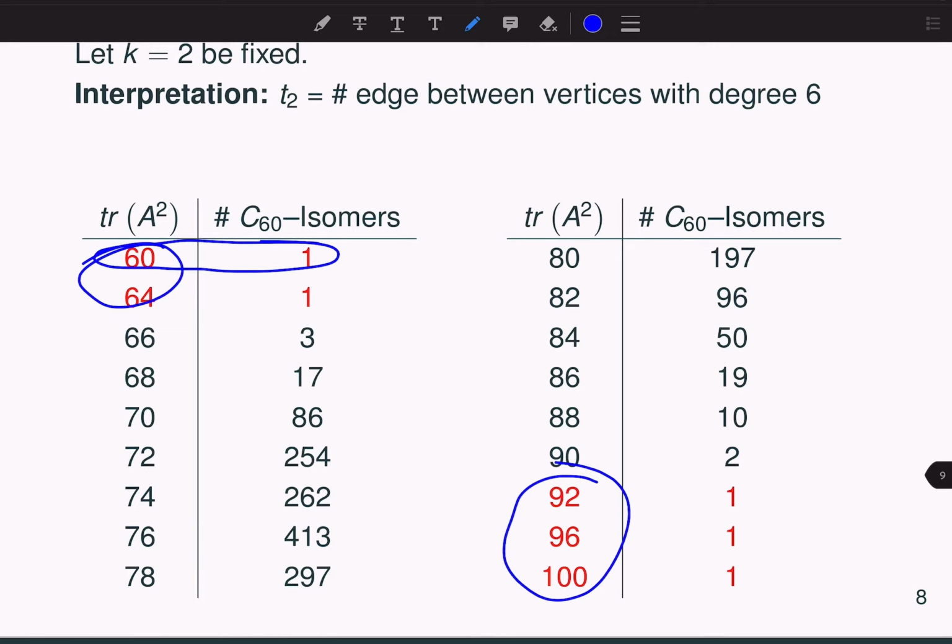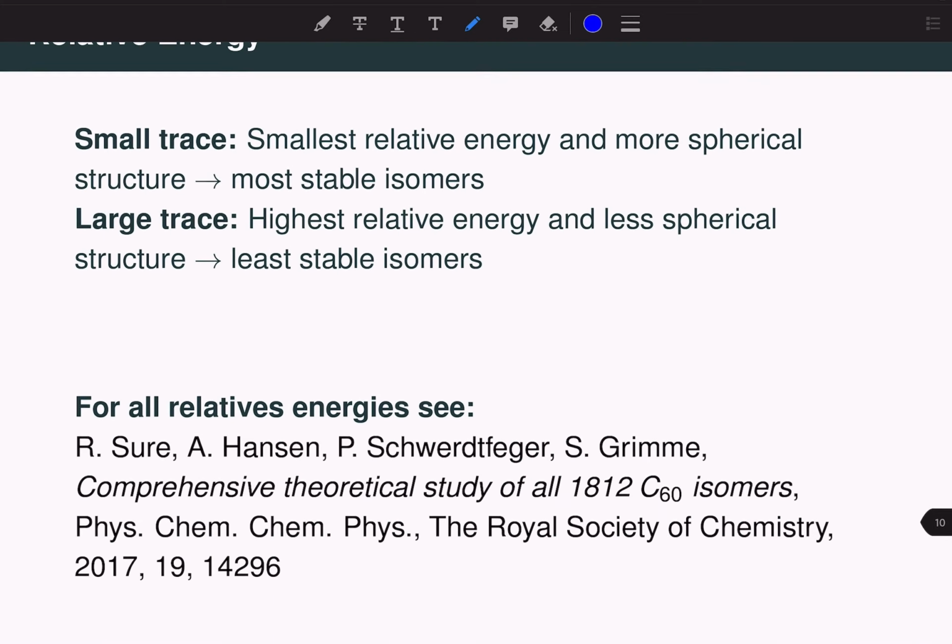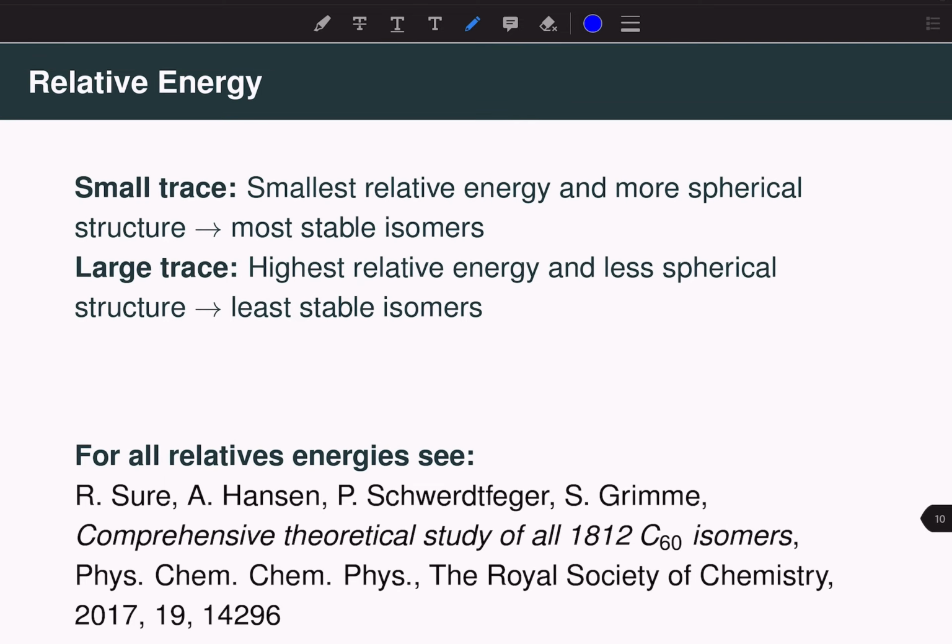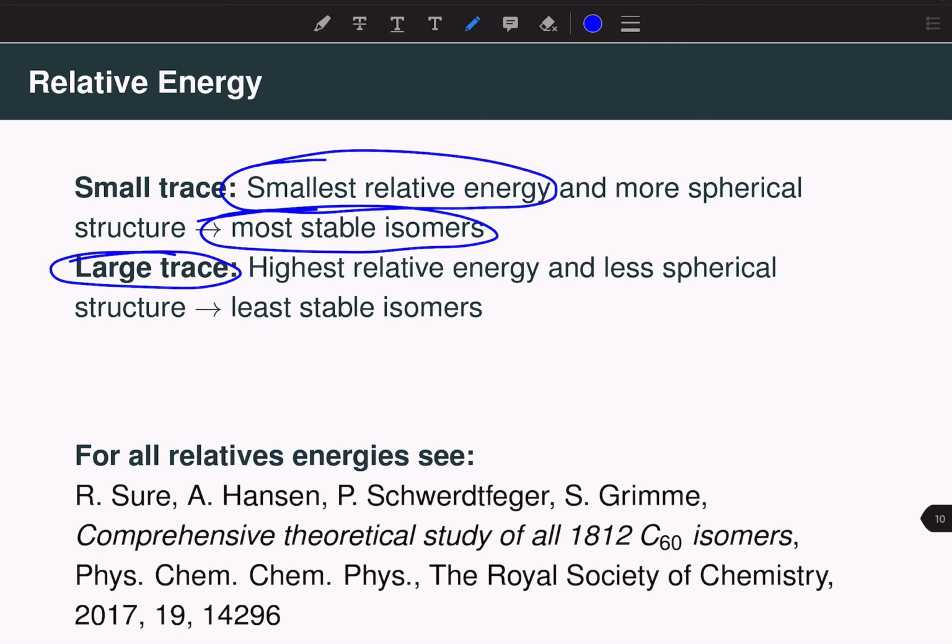And therefore we checked them, why are they so special? And it turned out that the Newton polynomials are highly correlated with the relative energies of fullerenes, meaning that the smaller the Newton polynomial, the smaller the relative energy this isomer has, meaning that it's more stable. On the other side, the larger the trace, meaning the Newton polynomial, the higher the relative energy and the least stable this fullerene is.